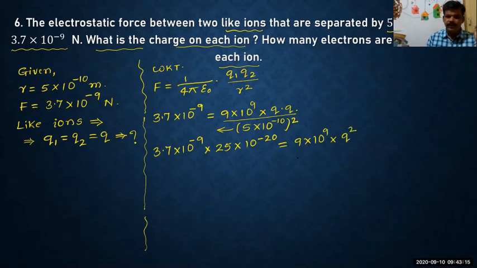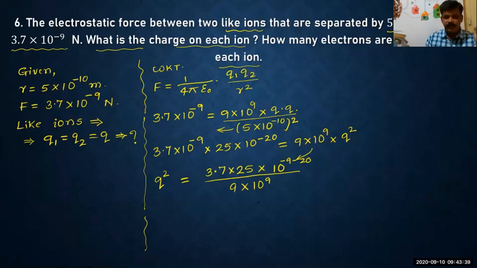Now shift this 9 into 10 raised to 9 to the left hand side. Therefore, Q square is equal to 3.7 into 25 into 10 raised to minus 9 minus 20, whole divided by 9 into 10 raised to 9.